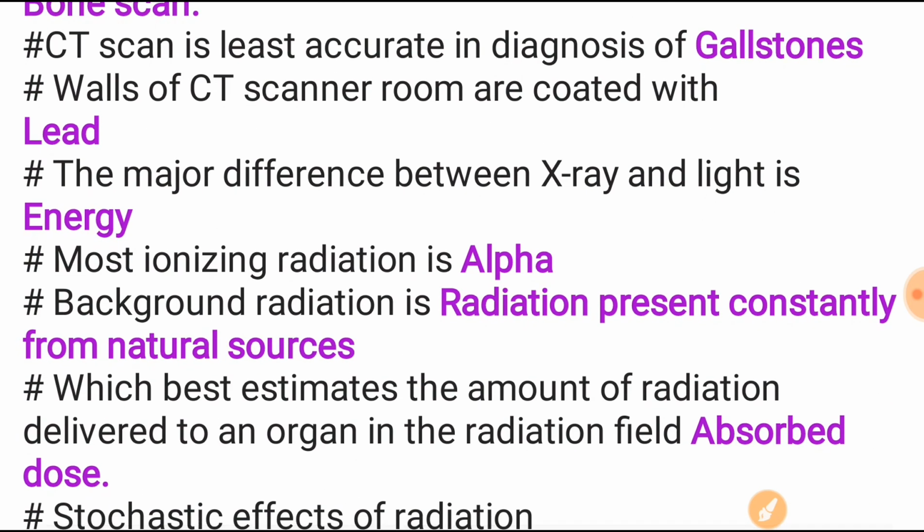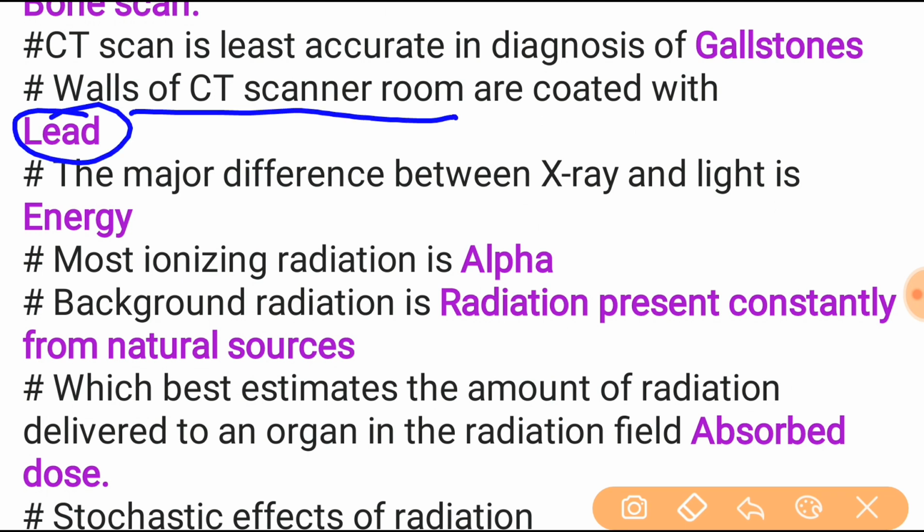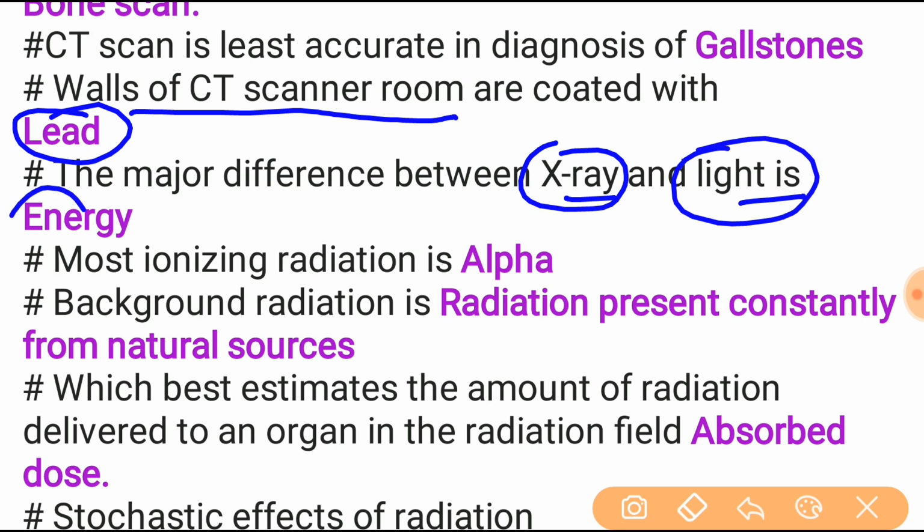Next one is the walls of CT scanner room are coated with lead. The major difference between X-ray and light is the energy. Most imaging radiation is alpha.